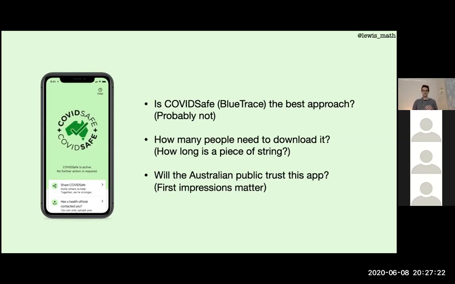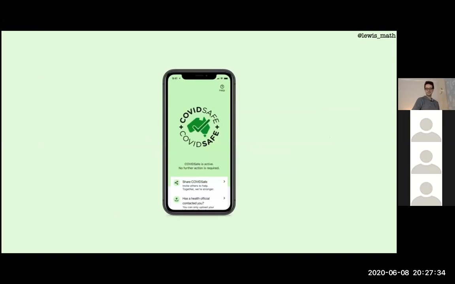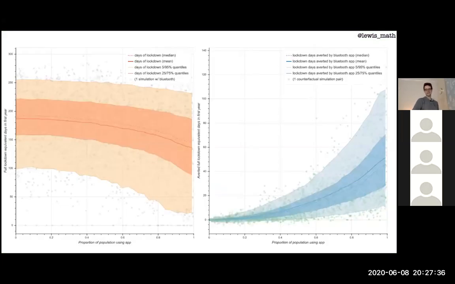But the big question that people were asking us, or asking James, or asking everyone at the time, was how many people need to download it. And that's a bit of a how long is a piece of string question. The first thing to say is that this curve's always going up, right? There's always some improvement here, and as long as two people have downloaded the app, there's some non-zero probability that you'll trace some contact that you wouldn't have caught before.